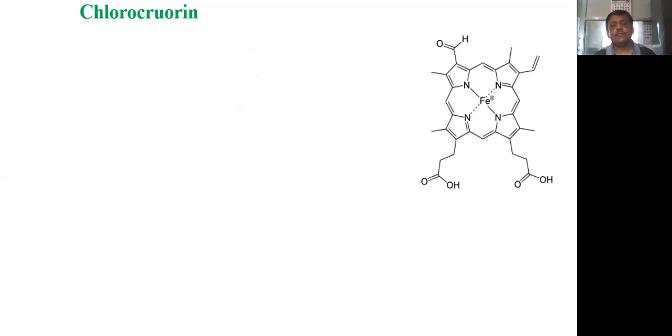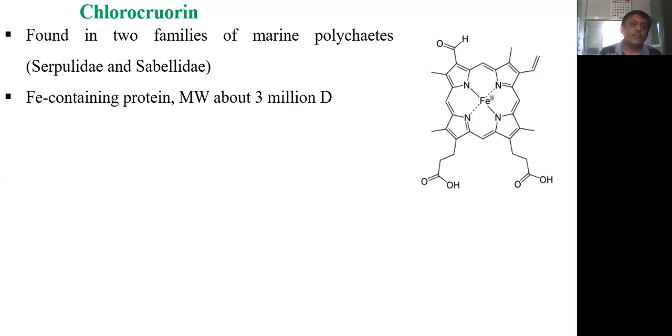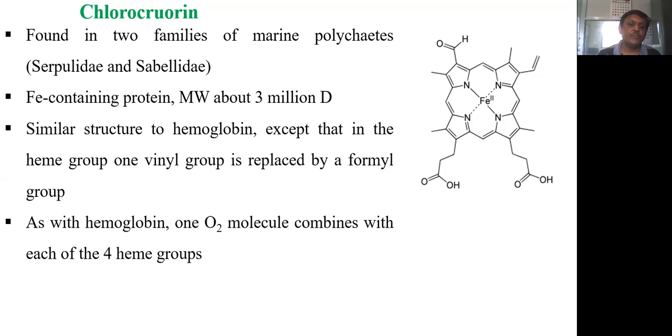Then the last respiratory pigment is chlorocruorin. It is found in two families of marine polychaetes. It is also an iron containing protein having a molecular weight of approximately 3 million daltons. The structure of chlorocruorin is similar to hemoglobin, except for the heme group. In hemoglobin, it contains a vinyl group, and here it is replaced by a formyl group.